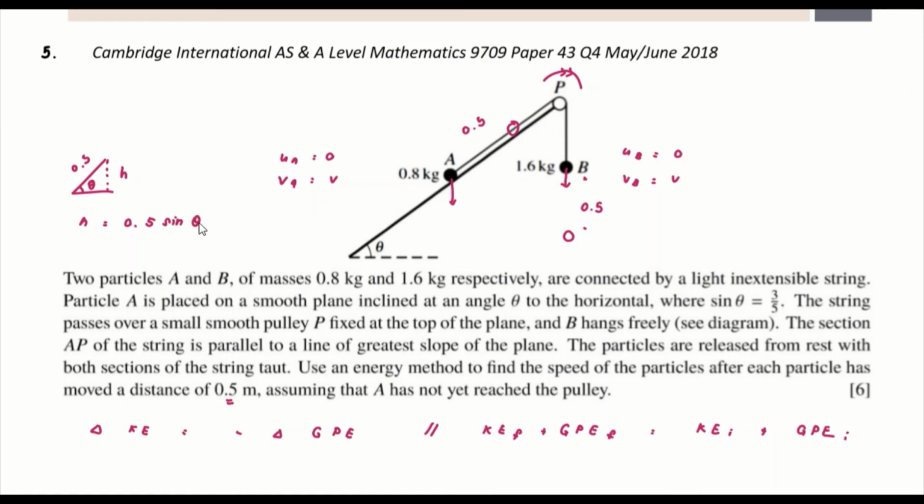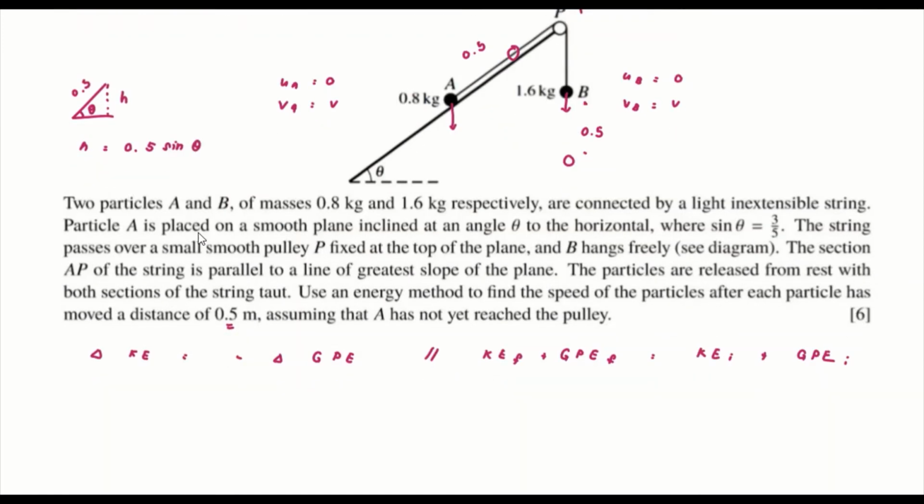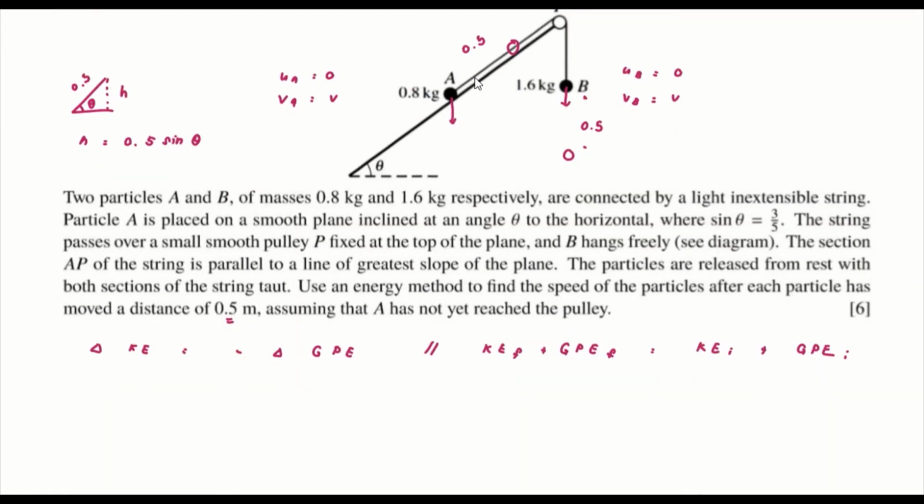Now we can continue with the change in KE first. You need to take into consideration both particles. Depending on whether you want to combine them together, because at the end your V is the same, it's the same thing either way.